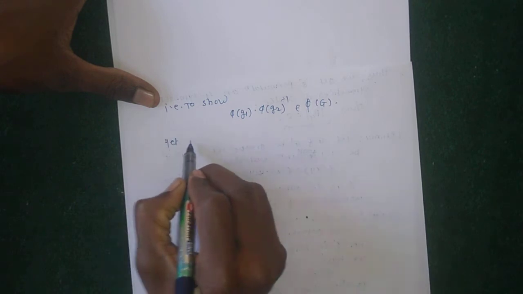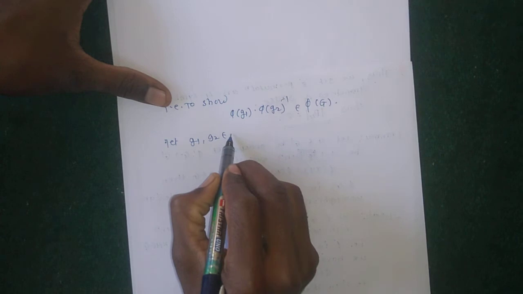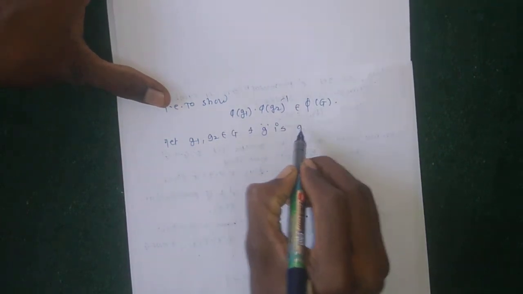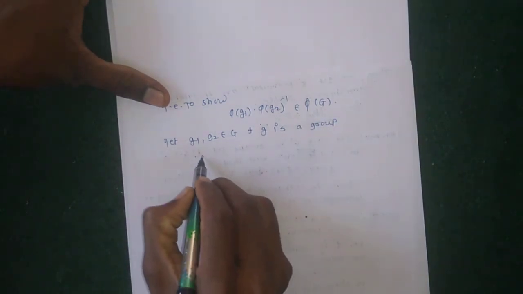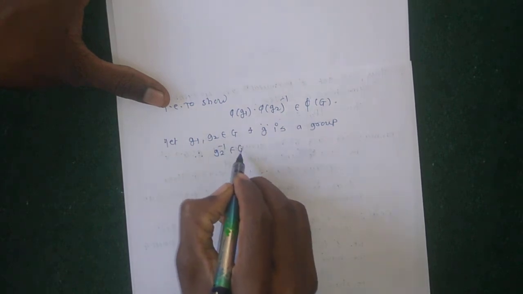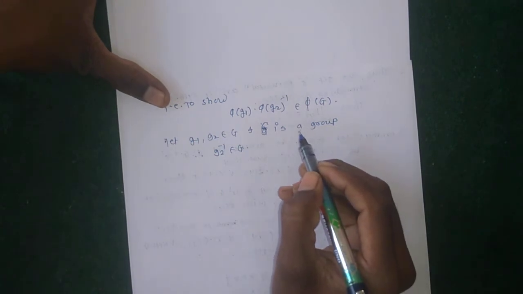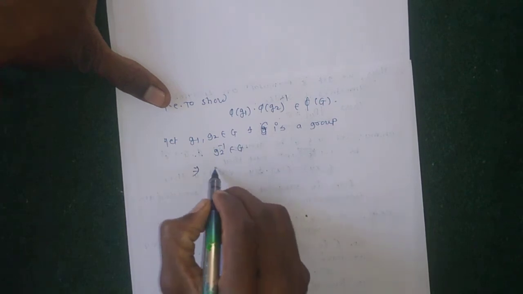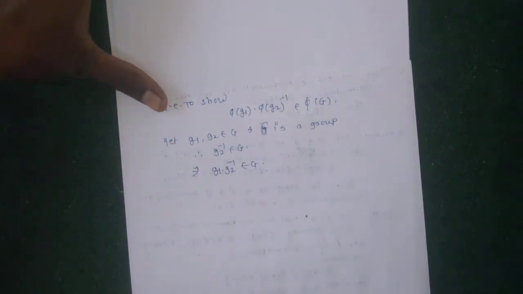Okay, let these two elements G1 and G2 belong to G, and G is a group. Therefore G2 inverse also belongs to G, because G, capital G, is a group. Which implies that G1 times G2 inverse also belongs to G. Why does G1 times G2 inverse belong to G?